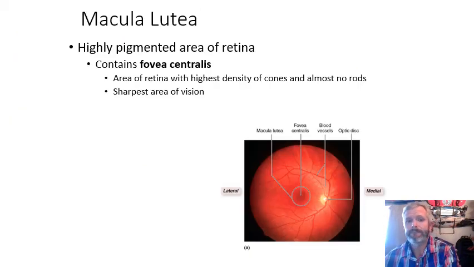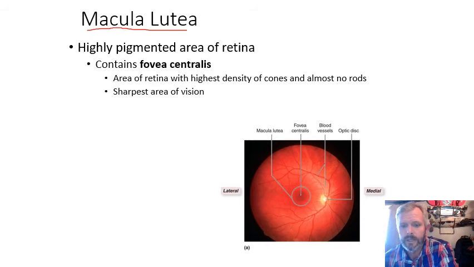So let's look at where these are located. Looking at our macula lutea, that is this bigger circle here. And in the middle of the macula is this little pinpoint, the fovea centralis. What we see in this macula lutea, and specifically at this fovea centralis, is a highly pigmented area.